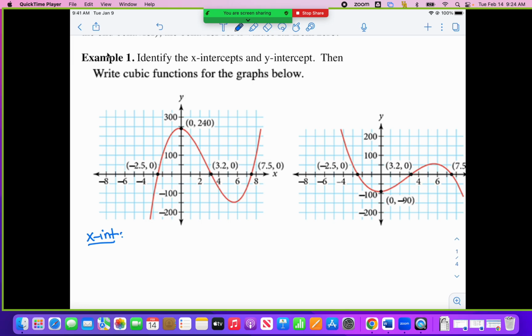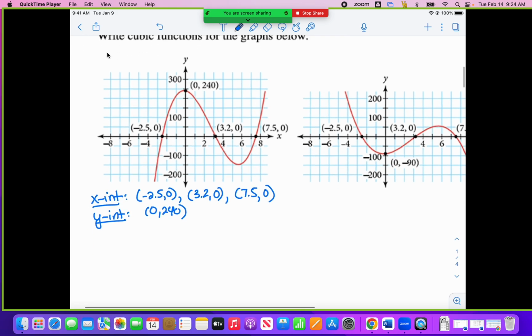Can you tell just looking at the graph what they are? (-2.5, 0), (3.2, 0) and (7.5, 0). What's the y-intercept here? 240. And we're going to write these as ordered pairs. Okay, we're going to write these as ordered pairs.